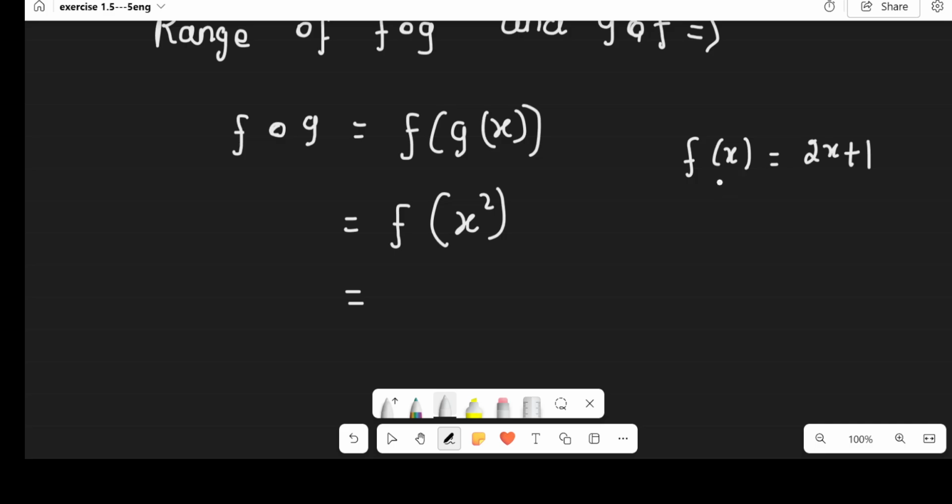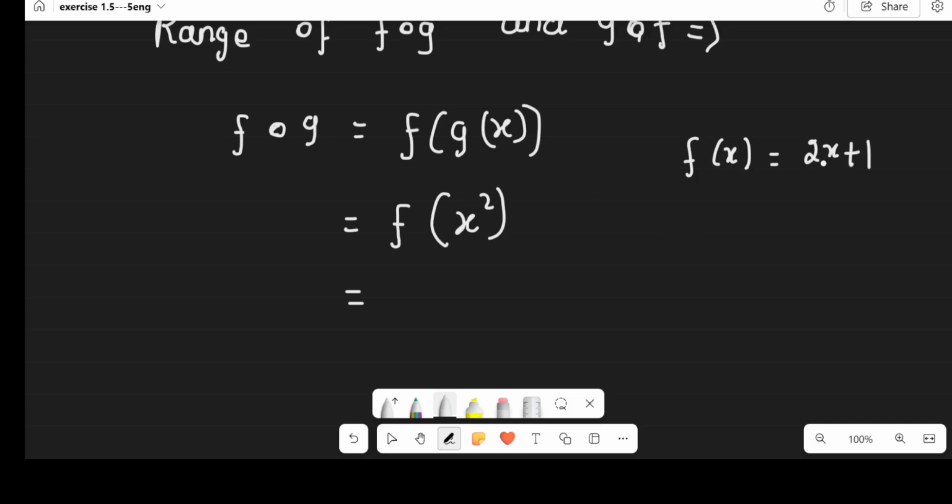This is the process of composition of function. If you watch that video, you can easily understand this concept. So here f is given, that's why we are considering the f of x formula that is given in the question. In this formula, we are going to apply x square in place of x, right?